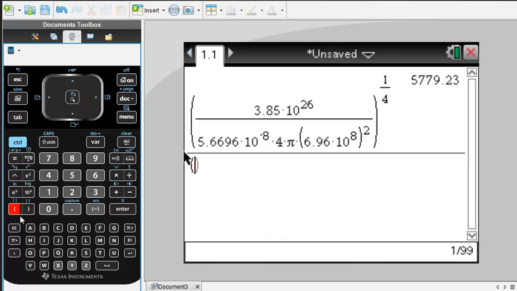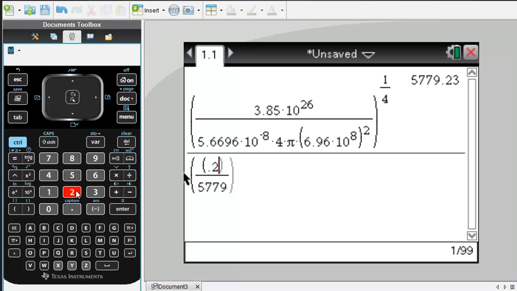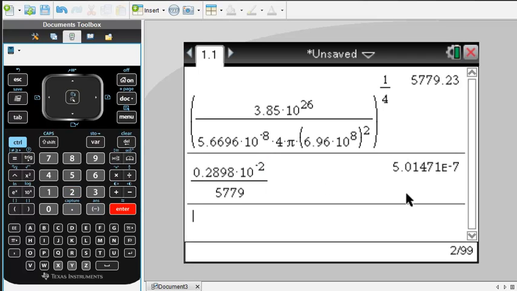Okay. So we take 5779, and then we take this 0.2898 times 10 to the negative 2, and that gives us 501 nanometers, because it's negative 7th and nanometers is negative 9th, so you throw that over 2 places and we get 501.